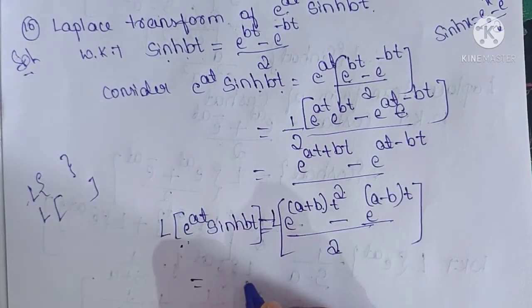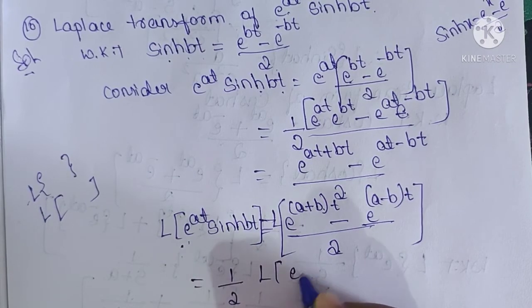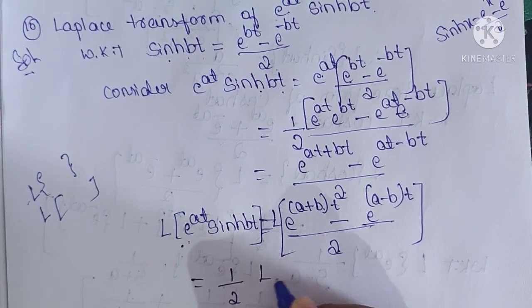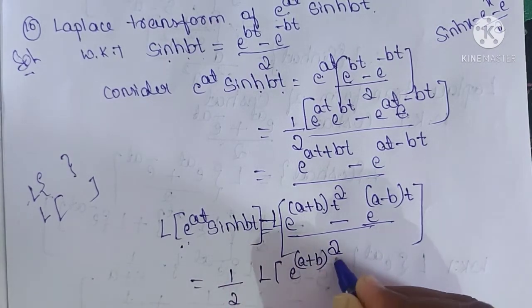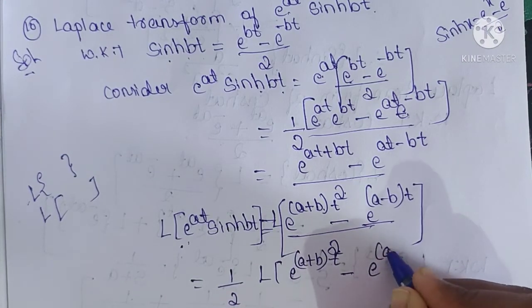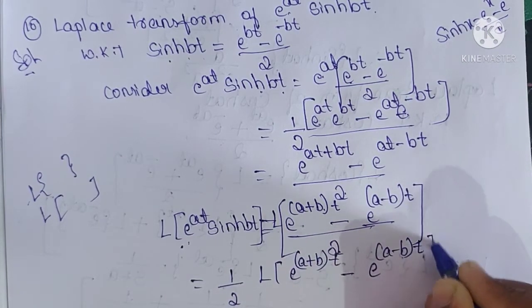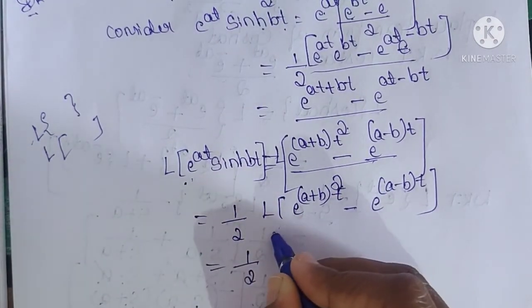Now this can be written, by using the linearity property of Laplace transform, as 1 by 2 into L of e power (a plus b) t minus e power (a minus b) t.